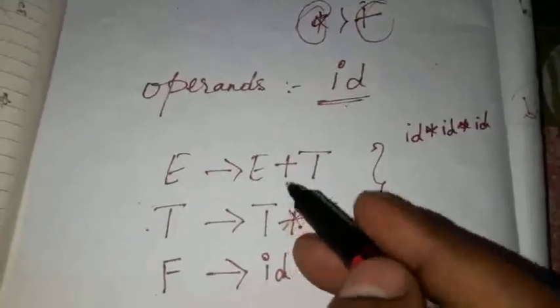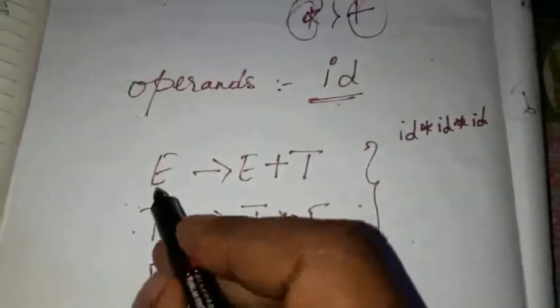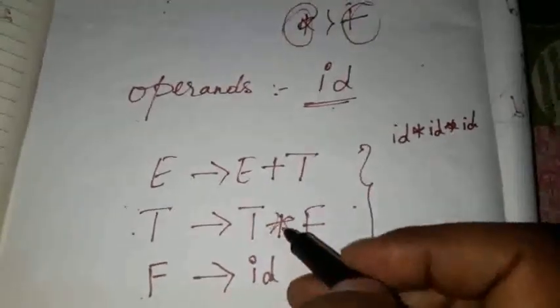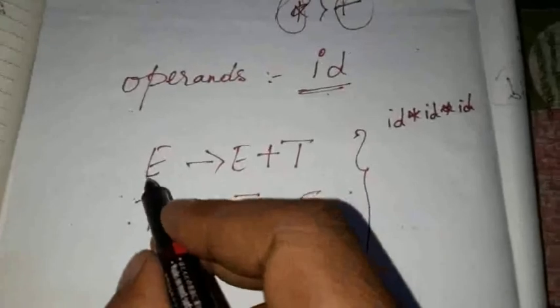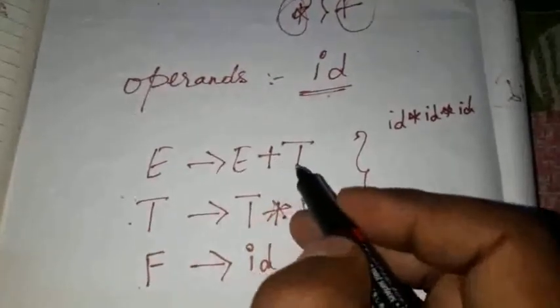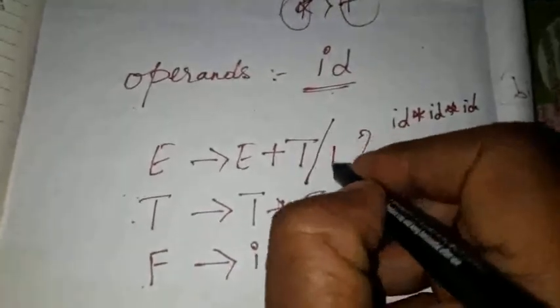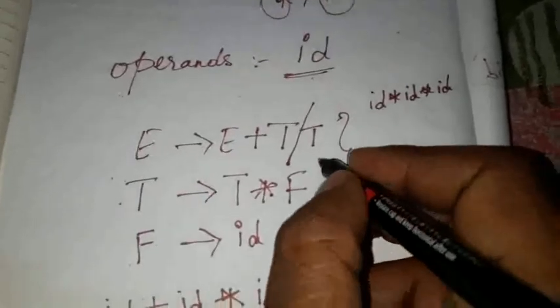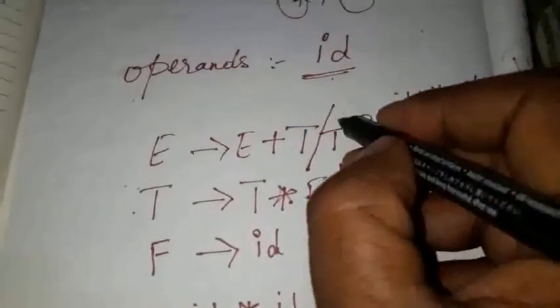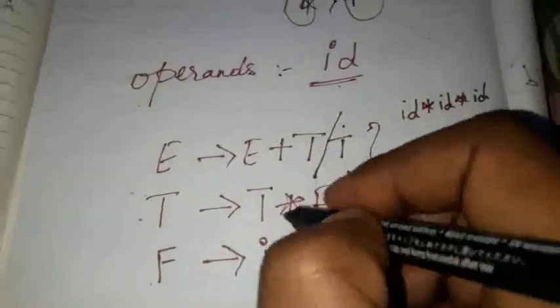And what is missing is, instead of going to multiplication via addition, if I want to go directly to multiplication, I'll say E can be defined as E plus T, or if you want to skip this and go directly here, you write it as T. Similarly, if I don't want multiplication, I would directly want to go to ID, this entire thing can be replaced with F. So that is why we are writing these two here, to skip the mandatory step.